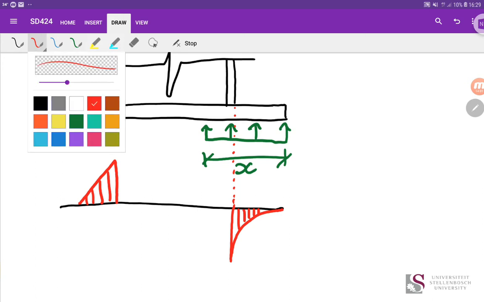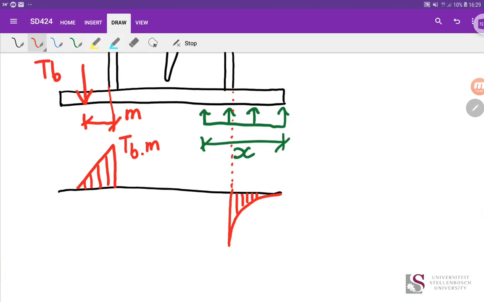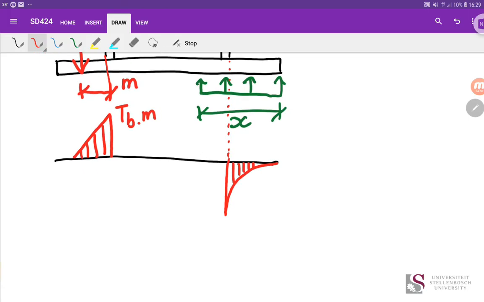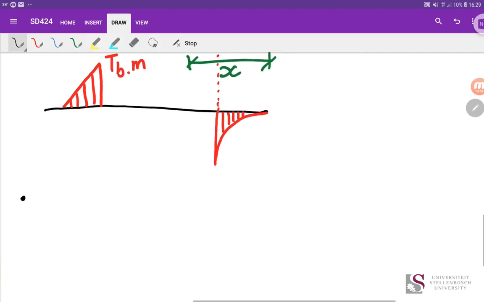On the tension side, it's quite straightforward. This value here is simply that times some distance m, where m is the distance outside of the flange coming down there. So that will give us the moment at the column, whereas on the other side it depends. So I'm going to have two equations that I'm going to use for the compression side.